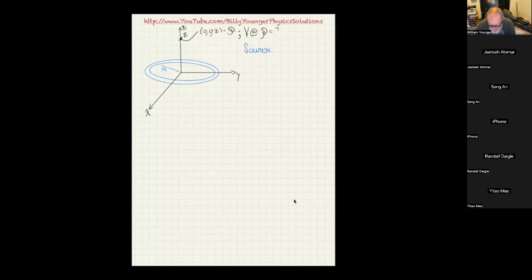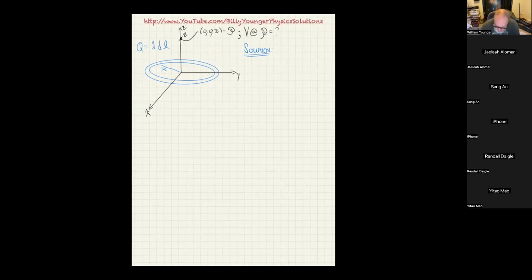We do, or I should say, the charge is uniformly distributed. So that means Q total is equal to lambda times dL, say, and that'll be some differential length specifically around the loop that I'm going to use.